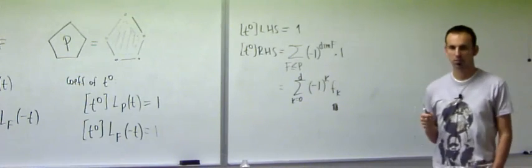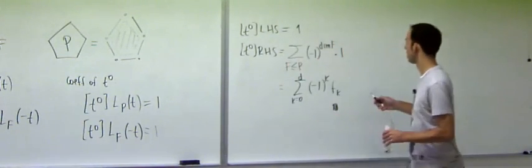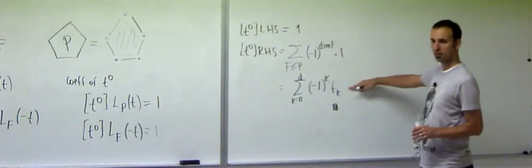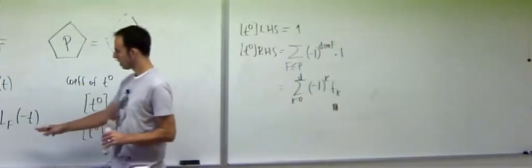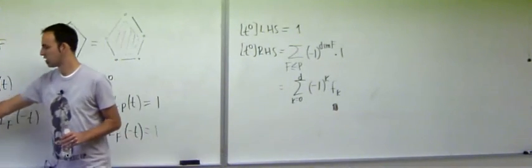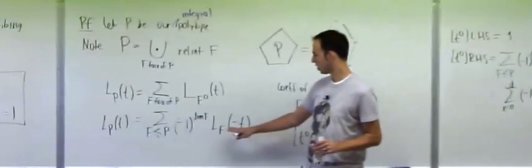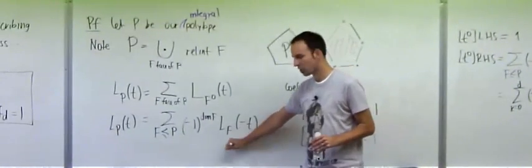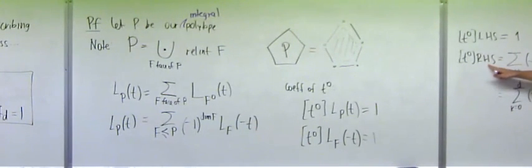Does that make sense? Do you guys have any questions about it? From here to here? So what I said is I'm going to take the independent coefficient in the right-hand side. So then what I have to do is in each one of these summands, just look at what the independent coefficient of each thing is. And for each one of them it's 1. So that means that the independent coefficient of the right-hand side is this thing.